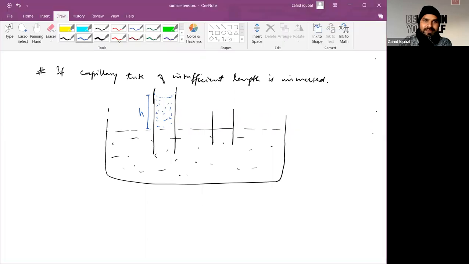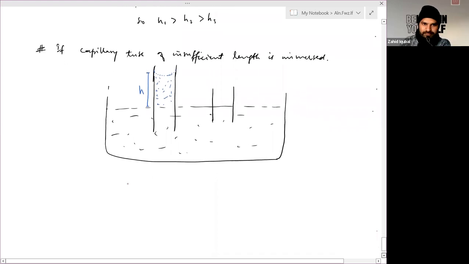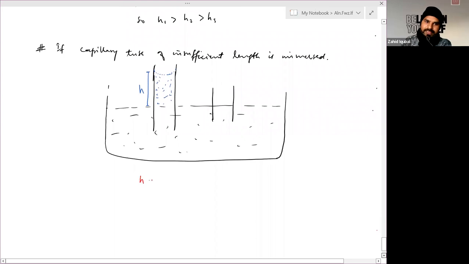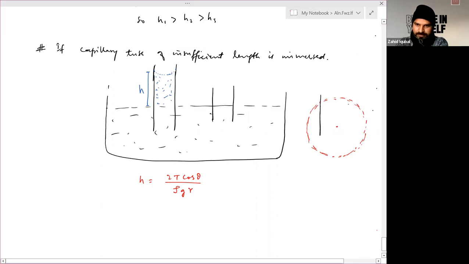Okay. Let me explain the mechanism behind it. According to the relation, h equals 2T cos theta divided by rho g into r. So we are assuming a bubble like this, having center at this point, in which behavior of capillary tube is like this.